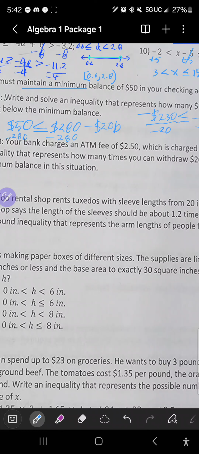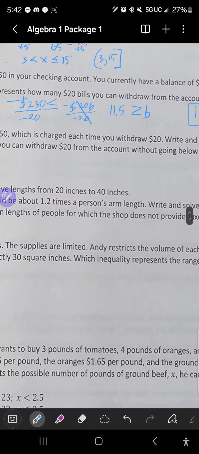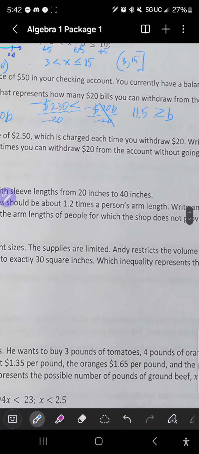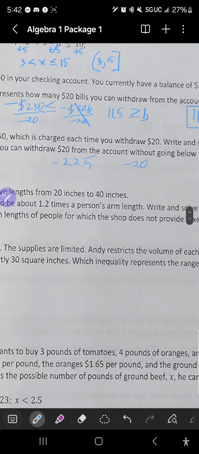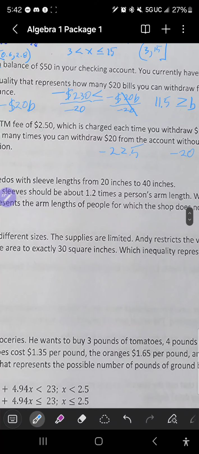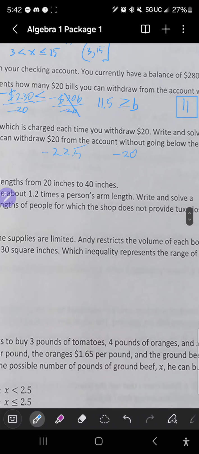So, the bank charges a 2.5 fee every time we withdraw $20. This means that in total we will be withdrawing $22.5, because each time we withdraw 20, which is the same as saying negative 20, we also get $2.50 less.